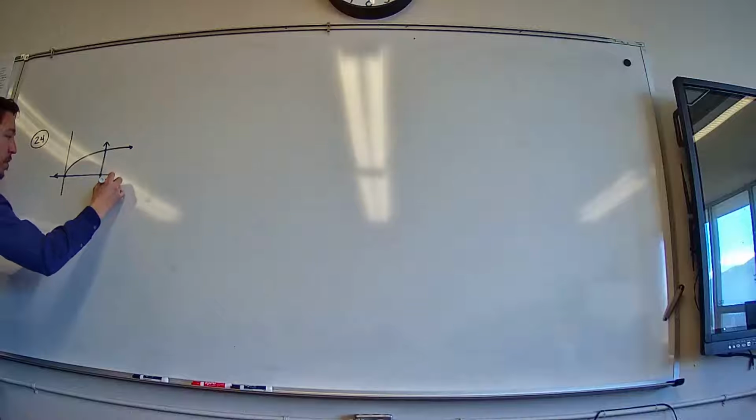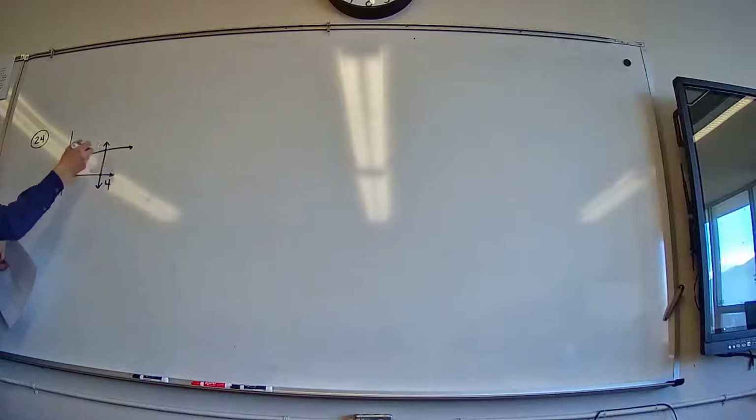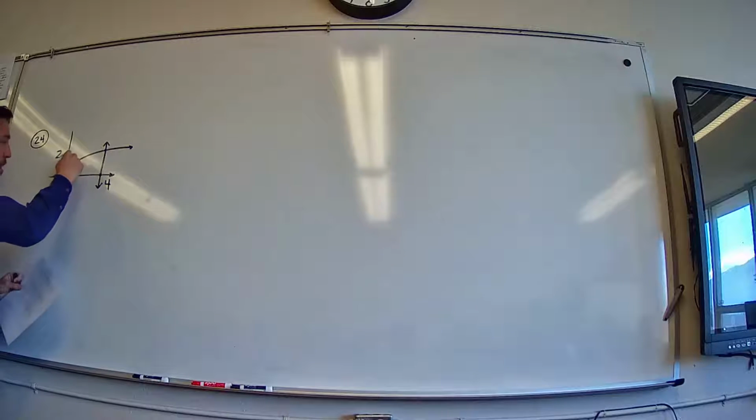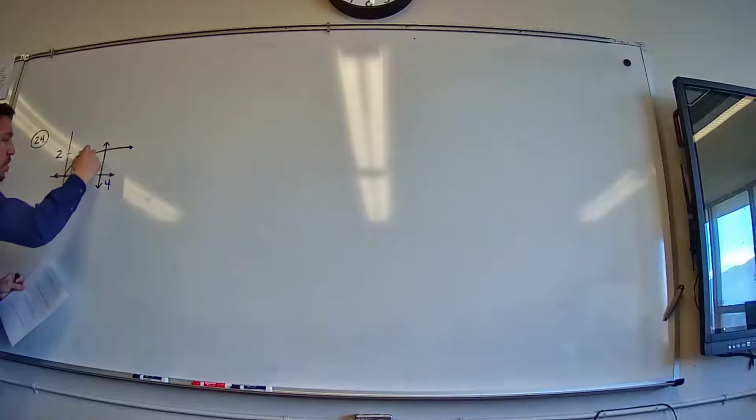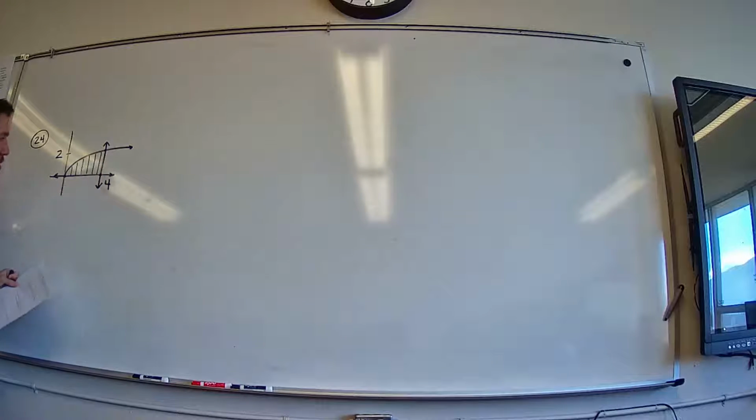This is 4. While we're at it, what's this y value? 2. So this first one says, what if we revolve this around the line y equals 3? So this region here is S. Revolve it around y equals 3.